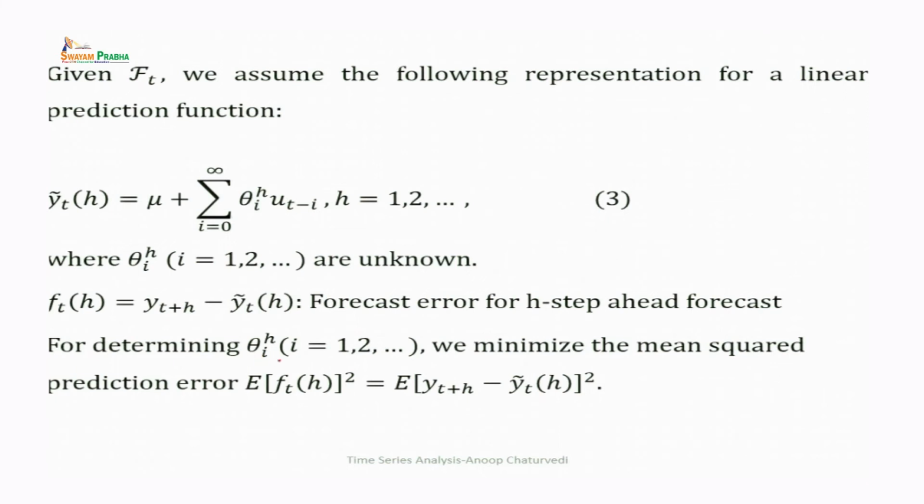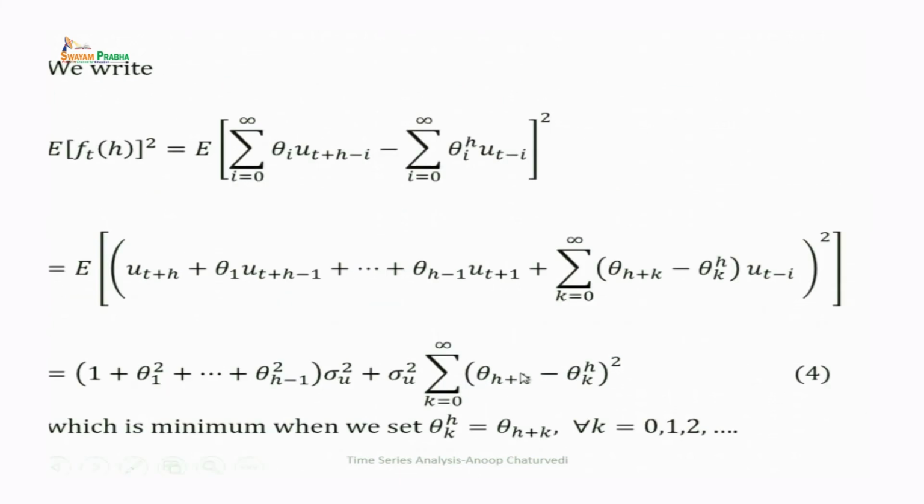And then for obtaining the values of theta i h, you have to minimize the expected value of f t h square, or mean squared prediction error, which is equal to expectation of y t plus h minus y curl t h whole square. Then we substitute the values of y t plus h and the h step ahead forecast here.